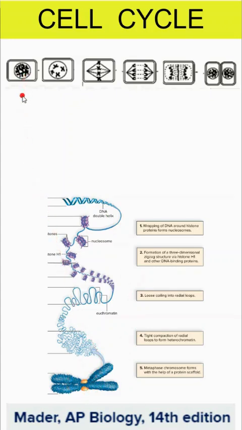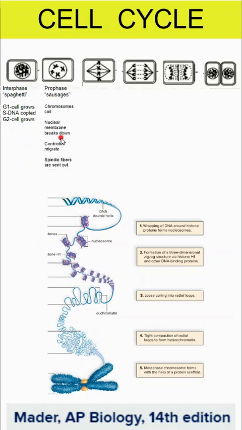Now, during interphase, where the cell is growing, the DNA is copied, and the cell grows some more, we have replication taking place. This is the time when we end up with more chromatin, and it's more like spaghetti and looser, and the DNA is still accessible. When we enter into prophase, that's when we get our sausages, because the DNA coils up into tightly wound chromosomes.